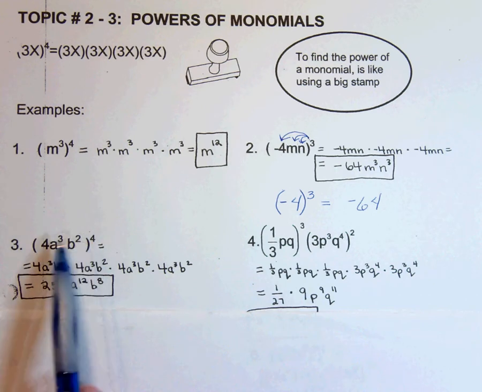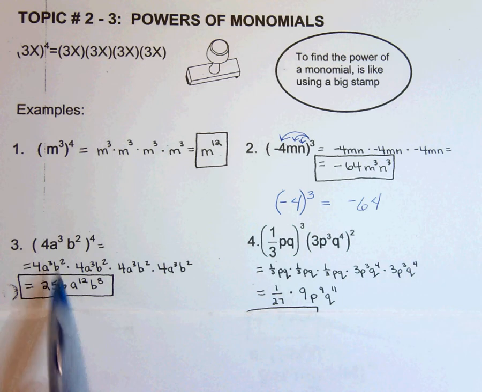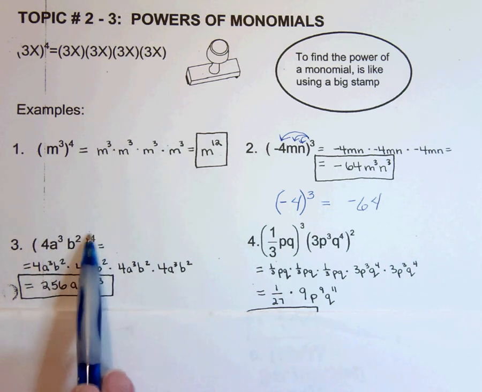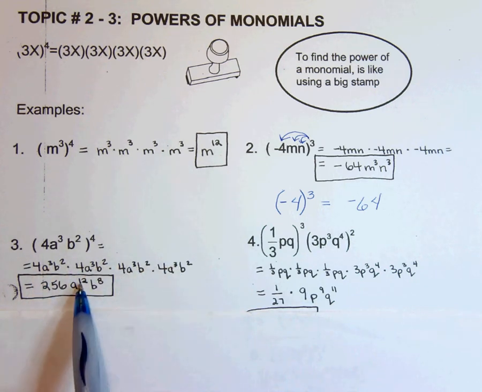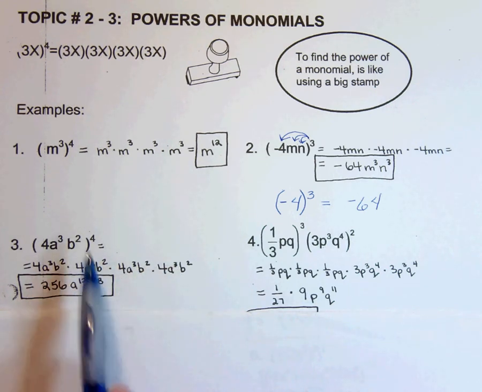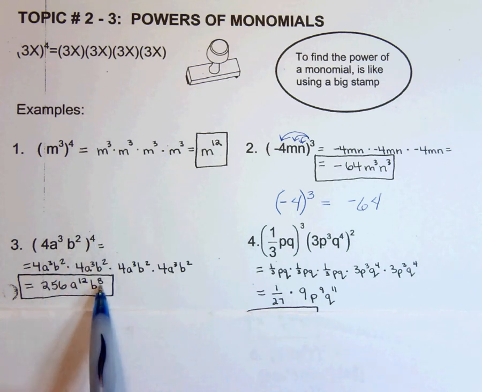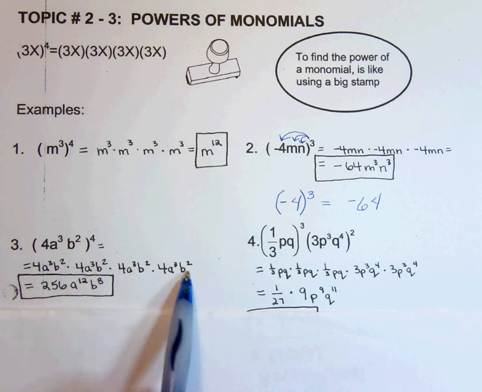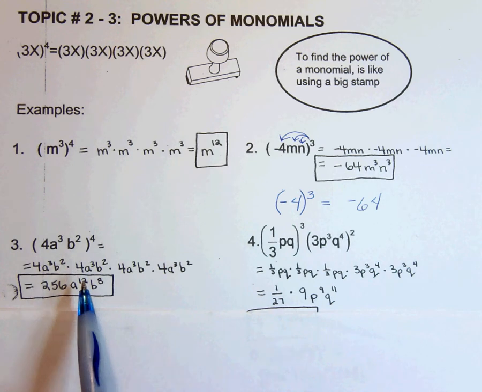So 4 times 4 times 4 times 4, 256. In A, you take the 3 and you're multiplying it by 4 because you've got 4 of them. So that's why that becomes 12. And B is 2 times the 4, which would be 8. So you can visualize it all written out, but if you just remember that you're multiplying, you'll get that correctly.